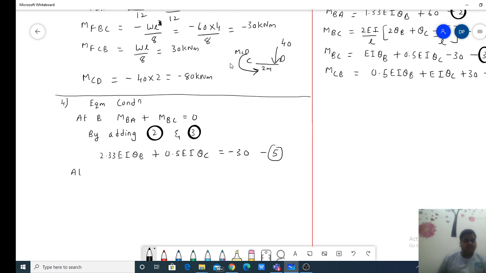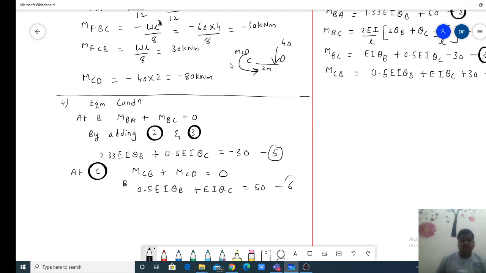And then at C what you can do? MCB plus MCD is equal to 0, right? So by adding these two equations, what you will be getting? 0.5 EI theta B plus EI theta C is equal to 50.